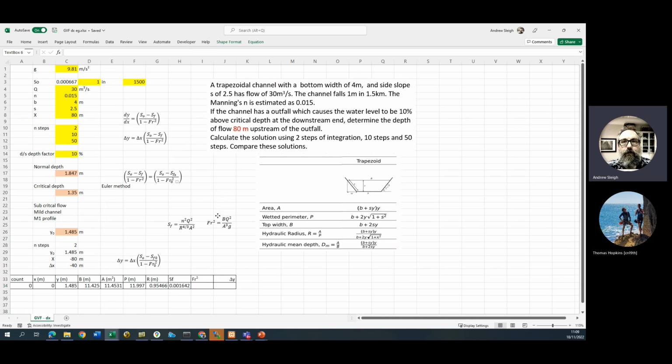So that's equal to the surface width, which is that B, times the Q, which is up there, and that needs fixing and squaring, divided by the area there cubed, divided by G up there, which I need fixing.